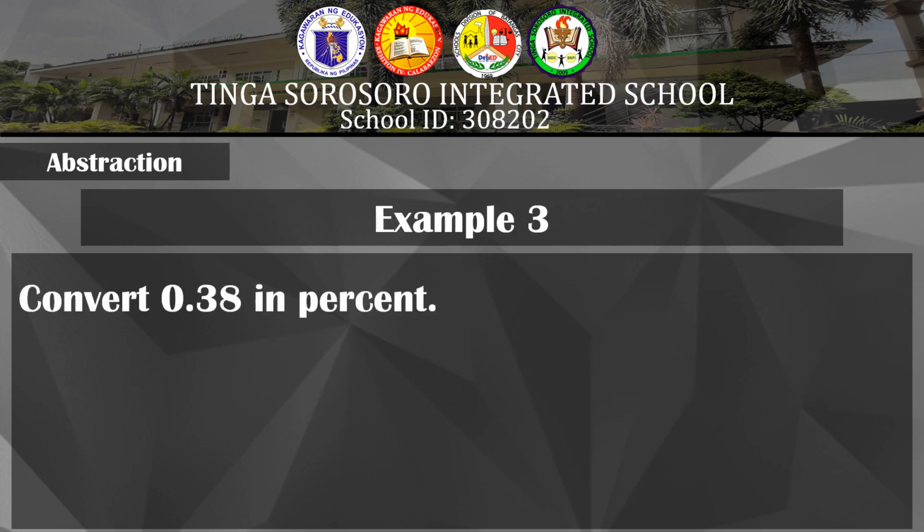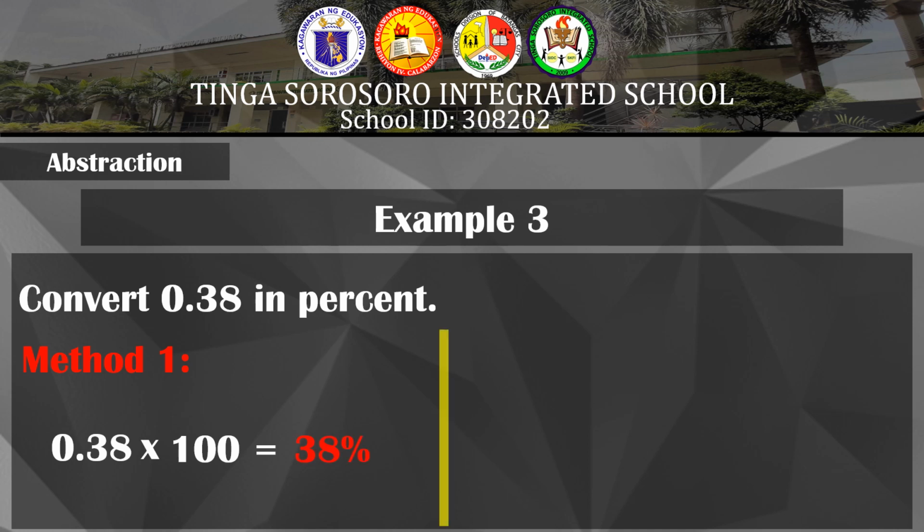Example number 3. Convert 0.38 in percent. So, method number 1, i-multiply daw natin yung ating given decimal in 100. So, 0.38 times 100 is equal to 38%. Or in method number 2, we have 0.38.